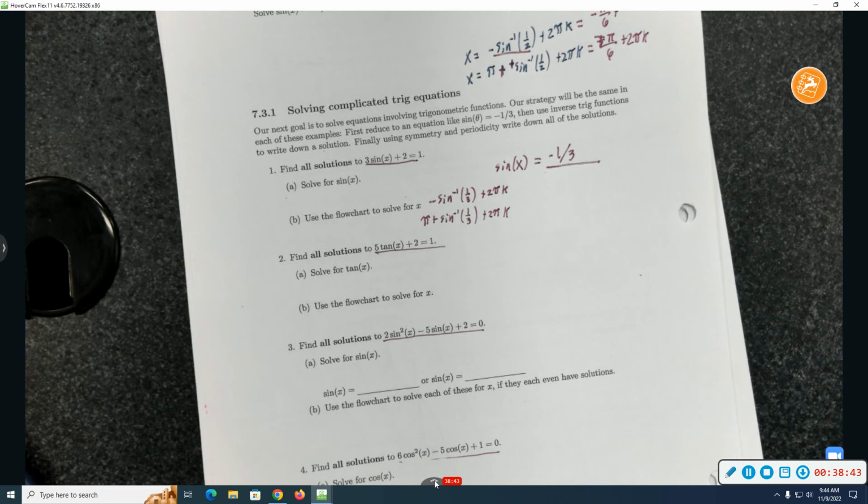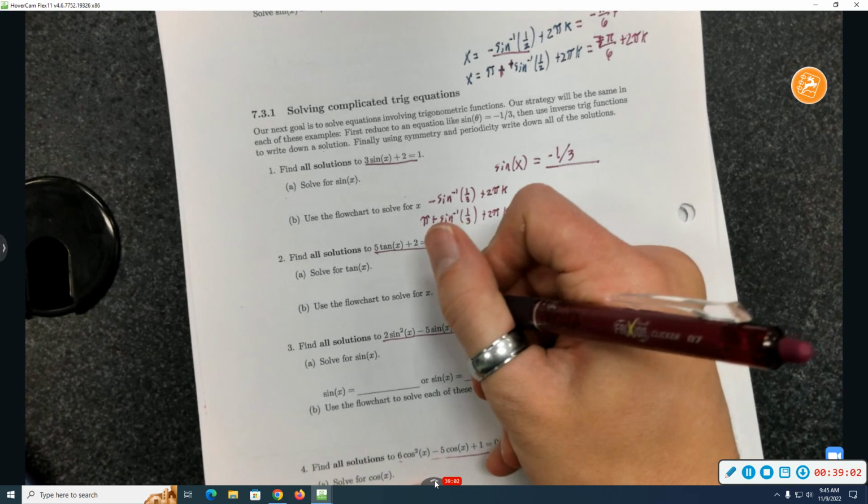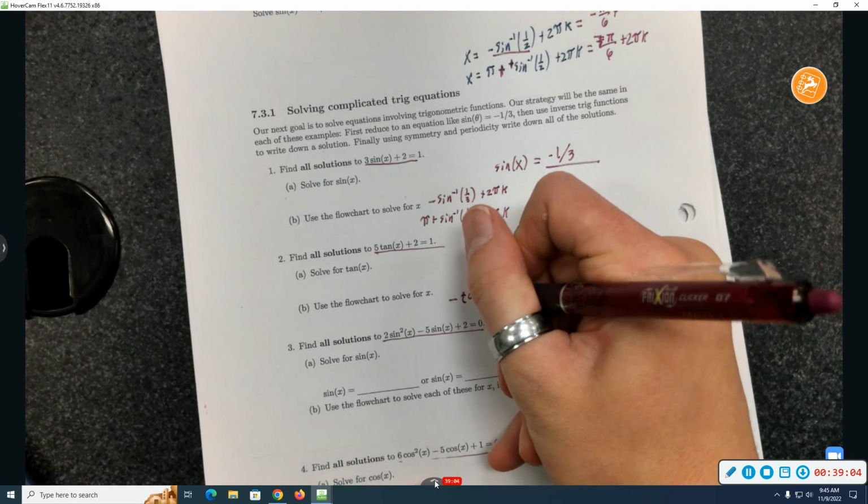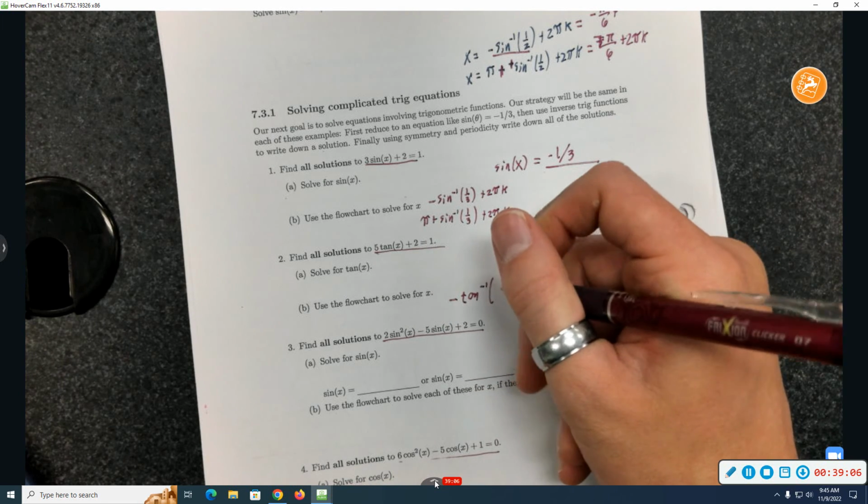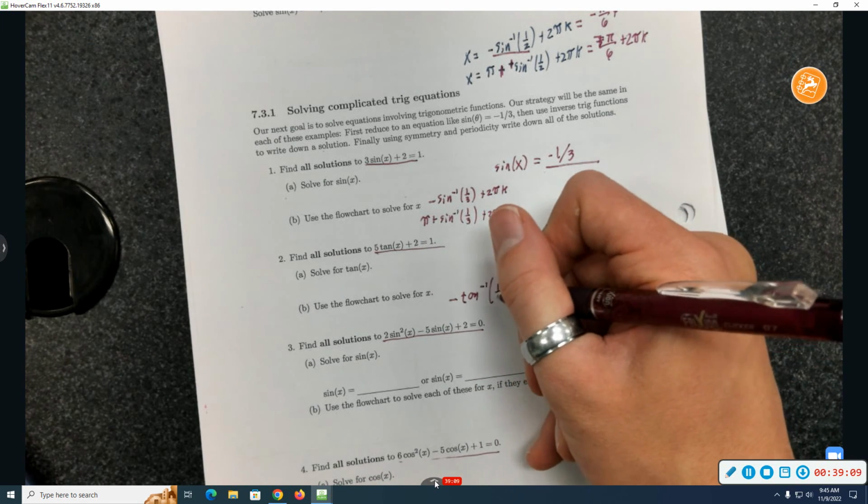Cool. So, tell me, what is x? Maybe consult with those around you, see if you're getting consistent answers. Negative inverse tangent of 1/5.